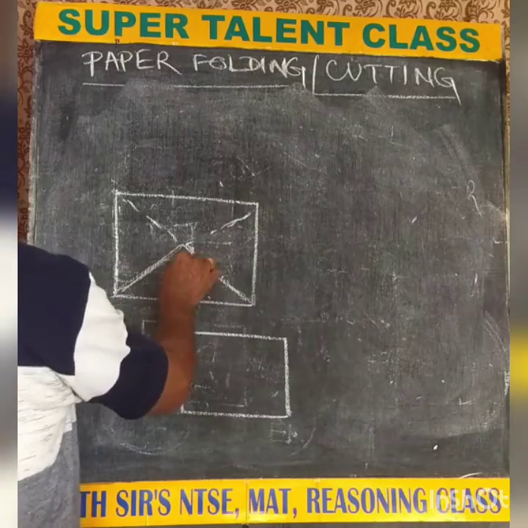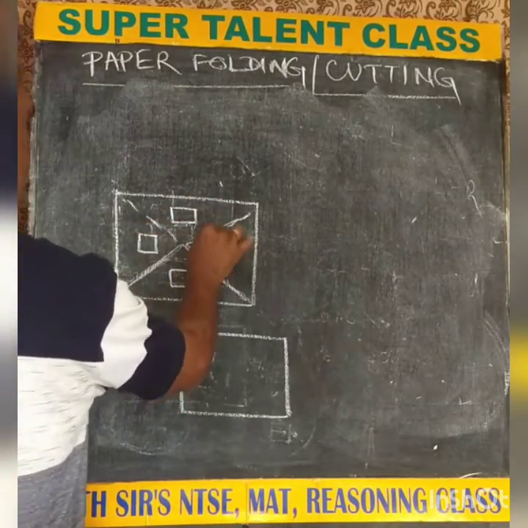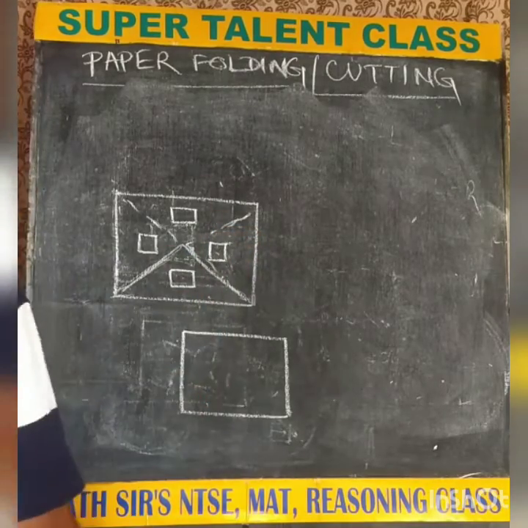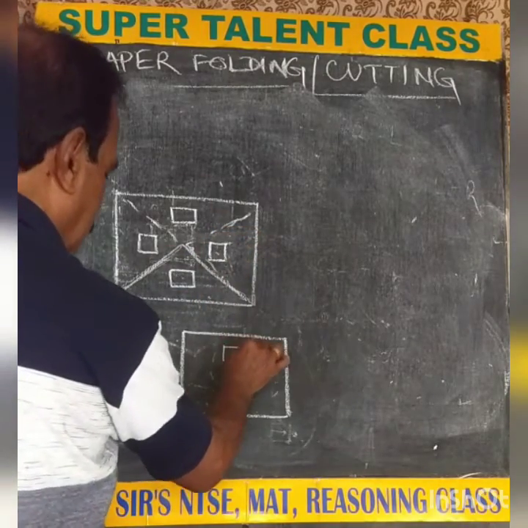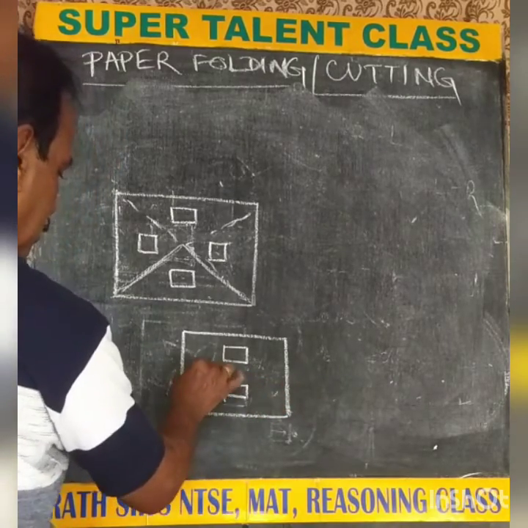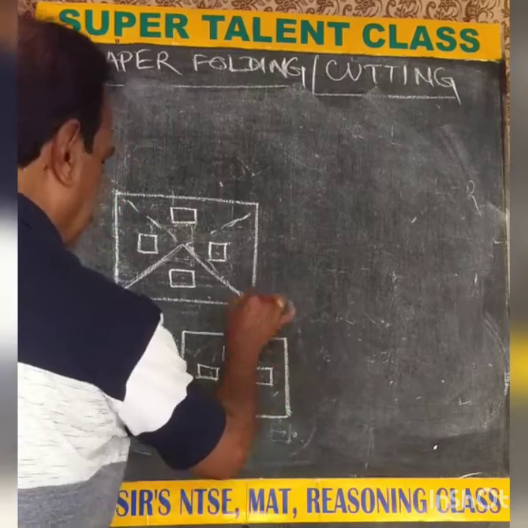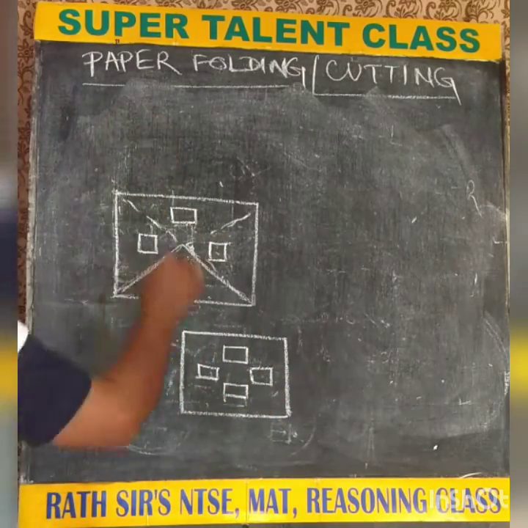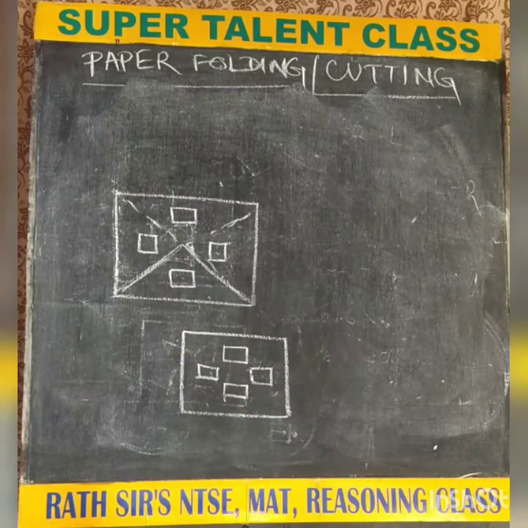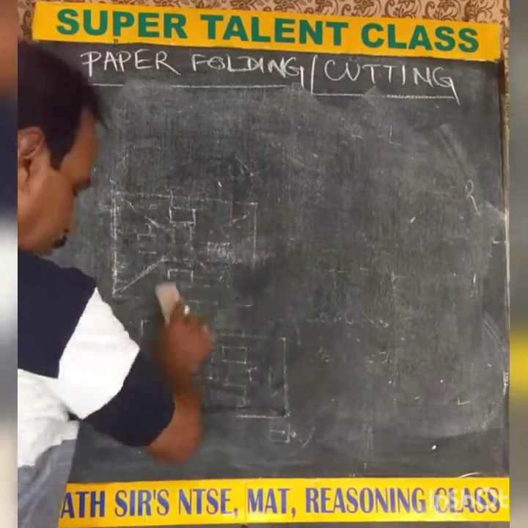Here cutting means, here you will get one, here you will get one, here you will get one. So out of the options, you will find the answers. That is very important. हड़बड़ी नहीं होने से, just concentrate on the options. Out of the options, you have to select it. On the question paper, you make the diagram like this, without wasting any time. So then you will pick up the correct answer from the options easily.